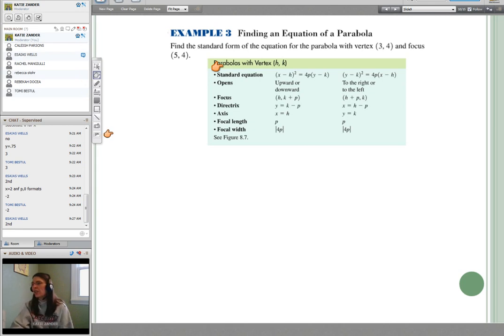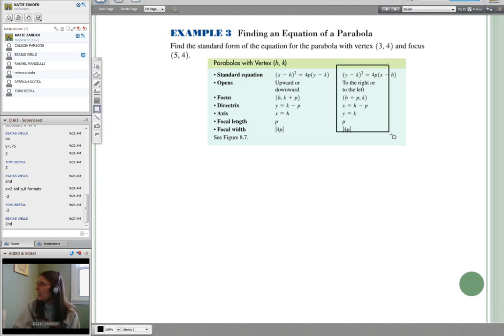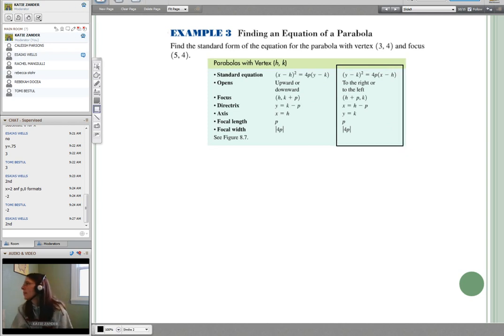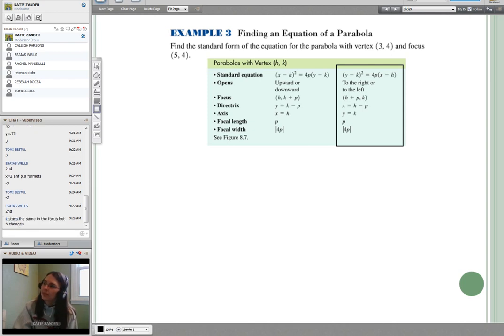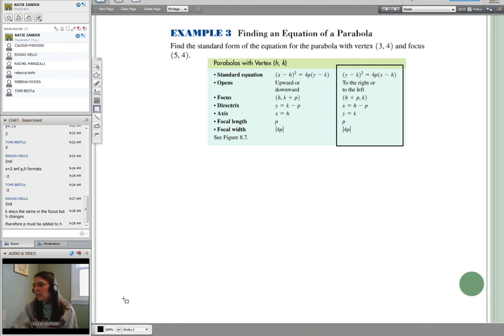And again, how did you know it was that second column, Isaias? Because you are correct. If I'm looking at my vertex and my focus, I'm looking for what's staying constant between the two, because one of those values should be staying the same because they're on the same line.